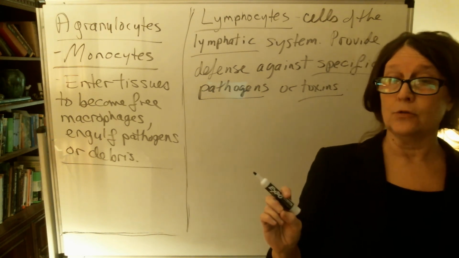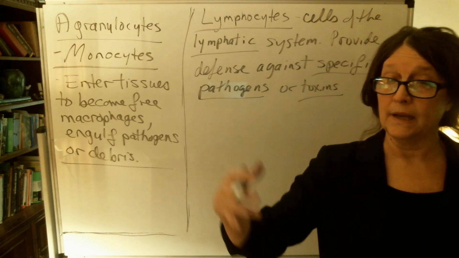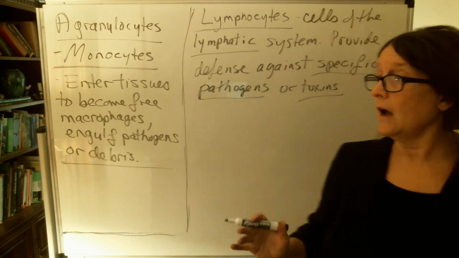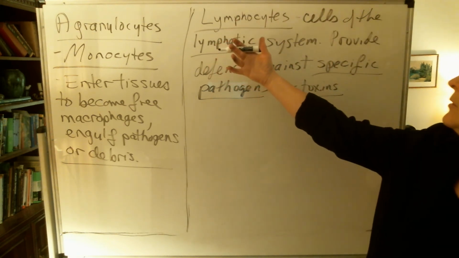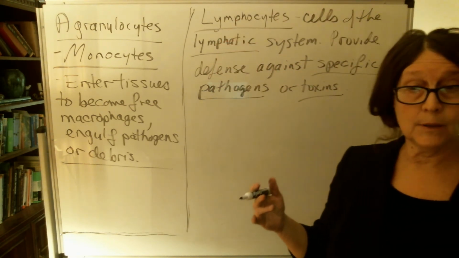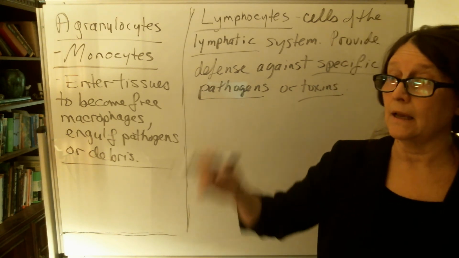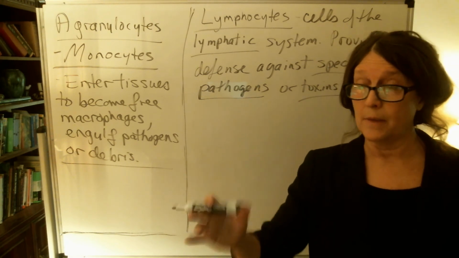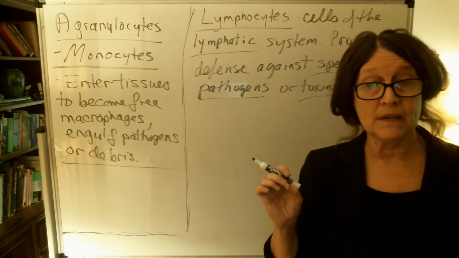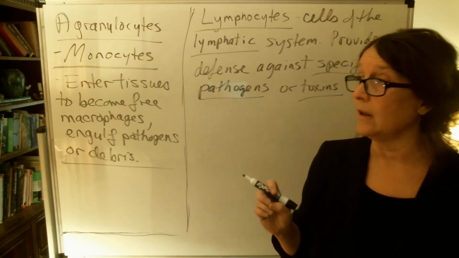You have lots of different kinds of lymphocytes. They have slightly different roles to play. They work together. But the upshot of the whole thing then is that these are your specific immune system cells, your lymphocytes. So they are the ones that will ultimately be making the antibodies and distributing the antibodies after they figure out what antibodies to make and everything else. And there are many steps in this process and many different types of lymphocytes that get involved.